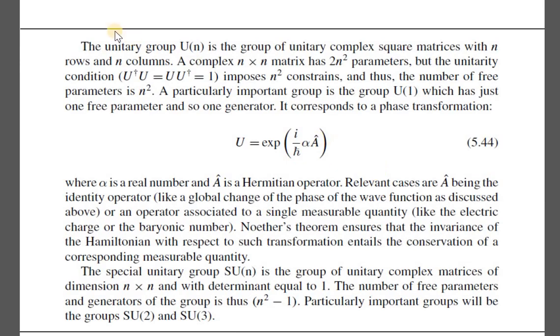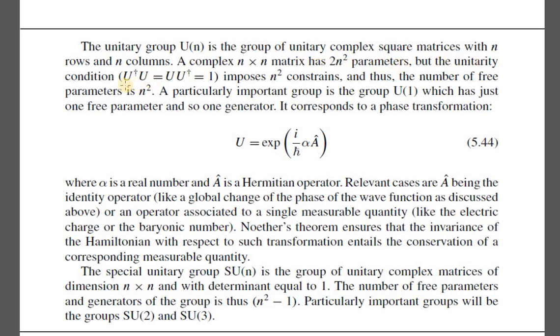Now you see the unitary group UN is a group of unitary complex square matrices with n rows and n columns. A complex n by n matrix has 2n square parameters, we know that.